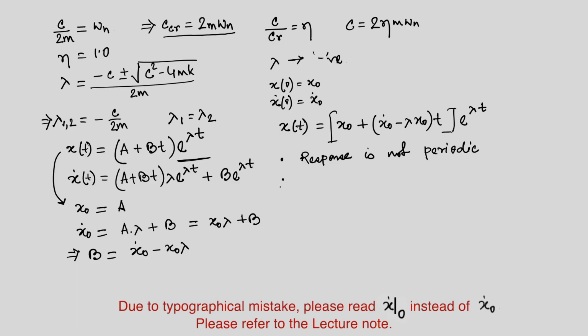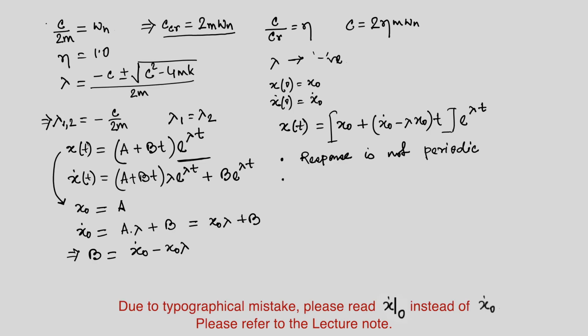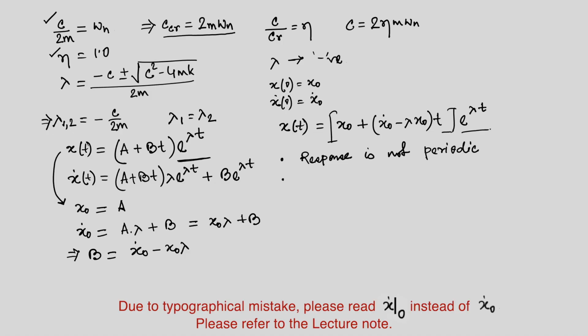Not only that, what we can conclude, because of this damping which is satisfying this condition C by twice m equal to omega n, or in other words we have critical damping ratio which is equal to 1. Because of this value of damping, it ceases any vibration to happen. And on the right hand side, because of this exponentially decaying term, again as t tends to infinity, x of t will be equal to 0.